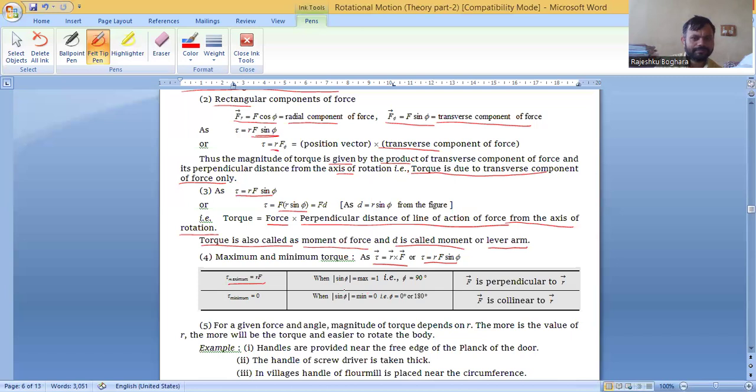When sin phi is maximum, equal to 1, that is phi equals 90 degrees. F and R are perpendicular to each other, then torque is maximum. Torque is zero when sin phi is minimum, equal to 0, that is phi equals 0 or 180 degrees. That means F is collinear with R, parallel or anti-parallel.